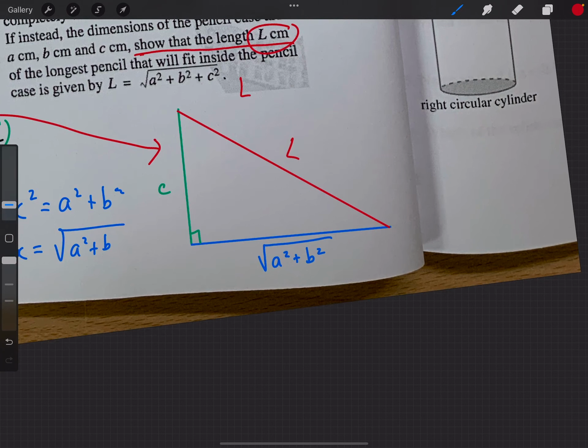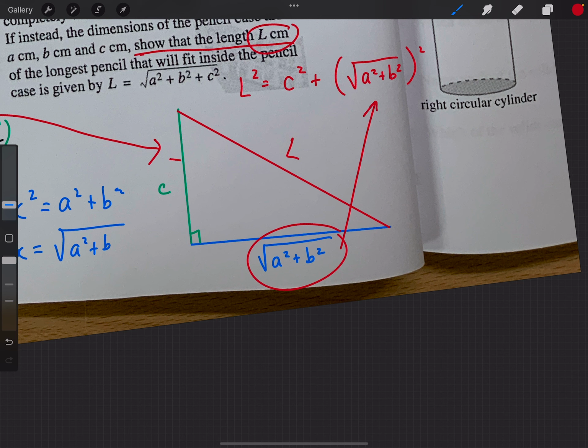We can say that L squared is equal to C squared plus this length, the square root of A squared plus B squared, and then we square it. I square this, and I add them together, I'll get L squared.